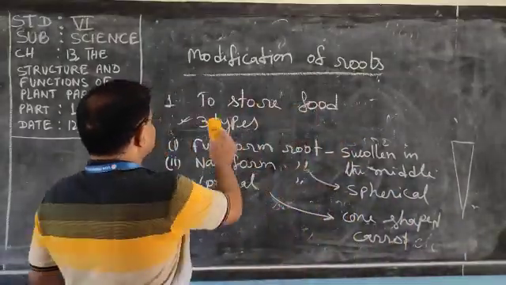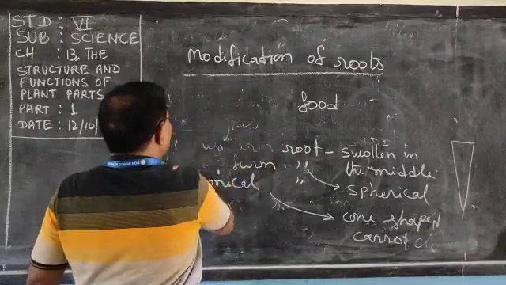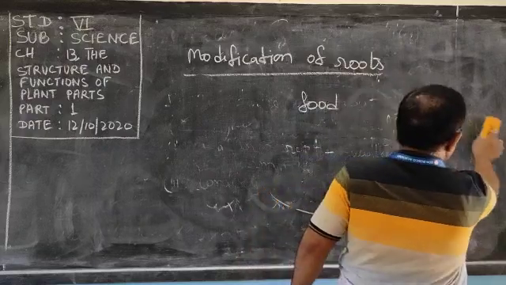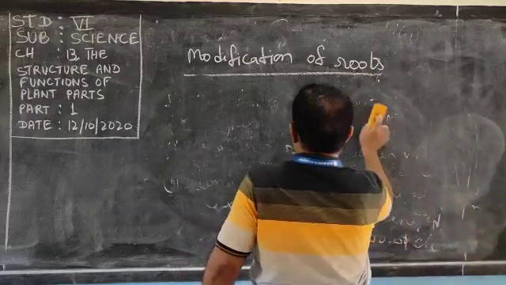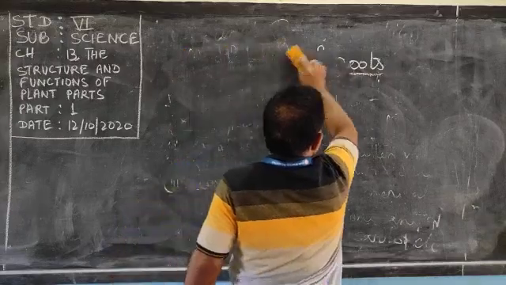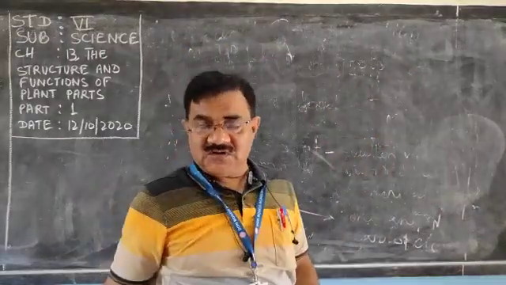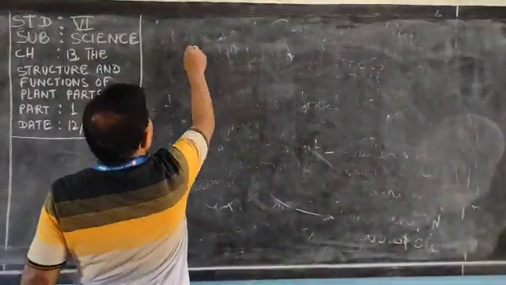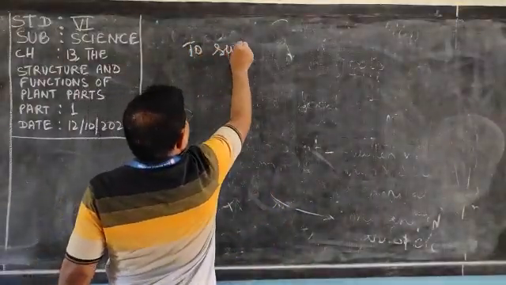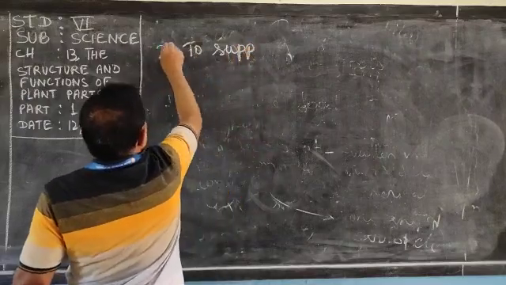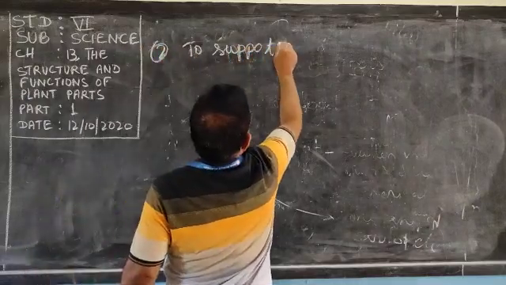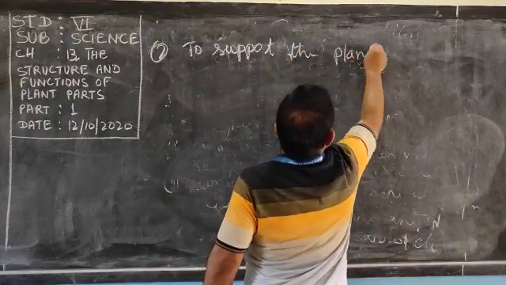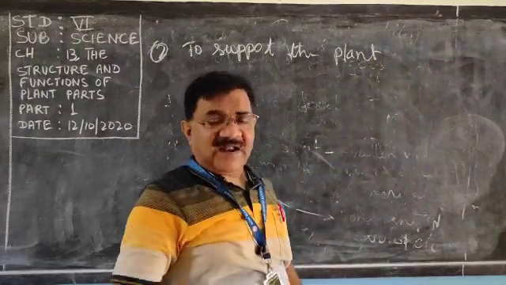Next, one function is to store food. Second, why does a root modify? The second function for which the root modifies is a supportive function, to support the plant. You must have seen certain roots. The main root supports the plant.